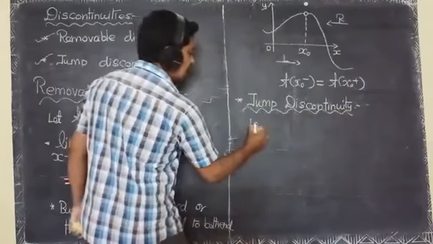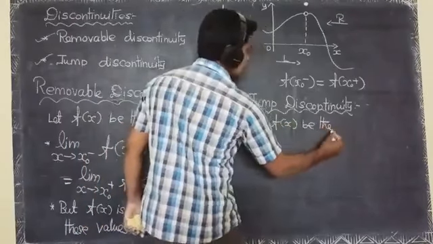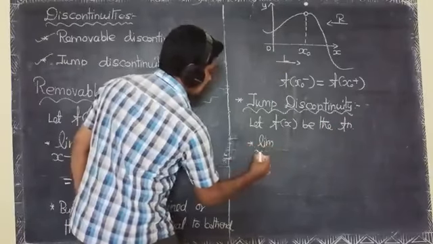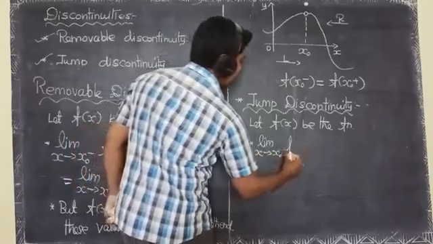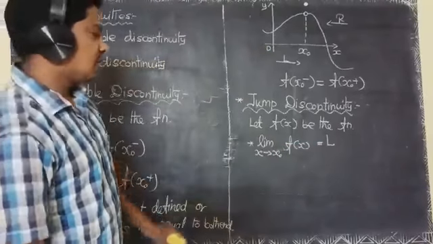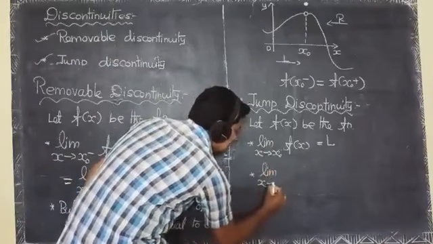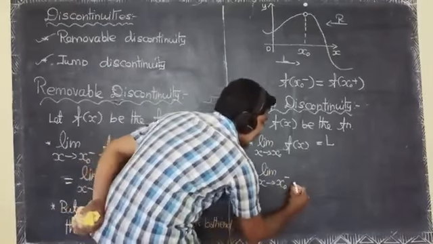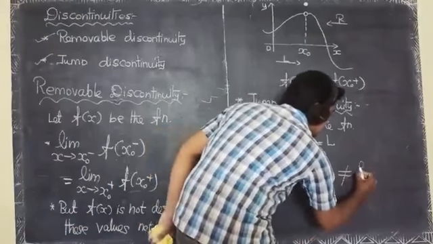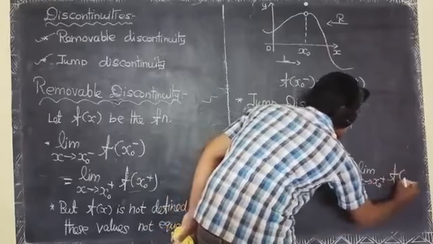Let f of x be the function. Here the limit as x approaches x naught of f of x exists and has some real value. But the limit as x approaches x naught from the left is not equal to the limit as x approaches x naught from the right.